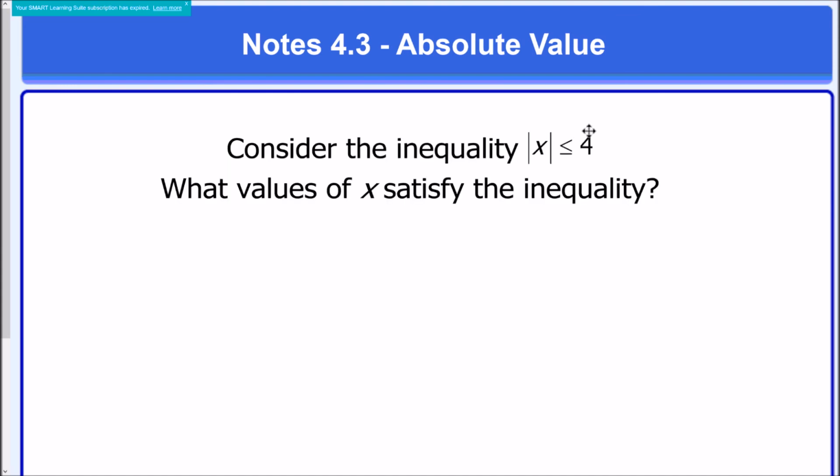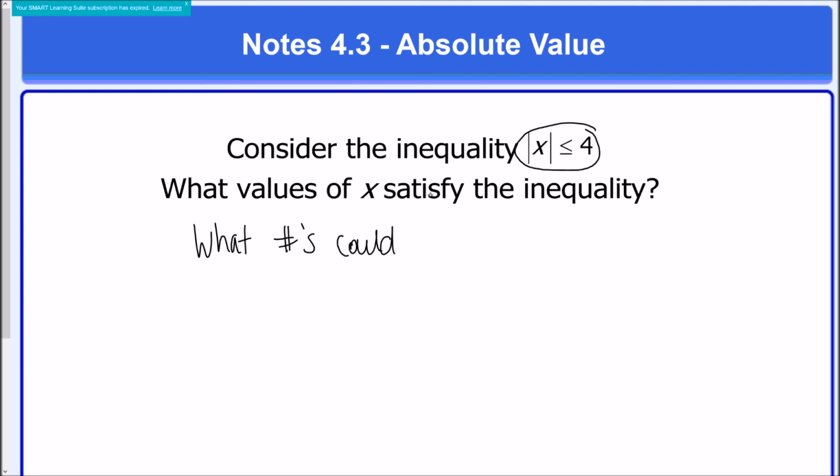All right, so next thing I'd like you to look at is an inequality. So we're going to consider the inequality absolute value of x is less than or equal to 4. Same thing, what I would like you to do right now is just think about what numbers x could be. I want you to actually think about actual x values.